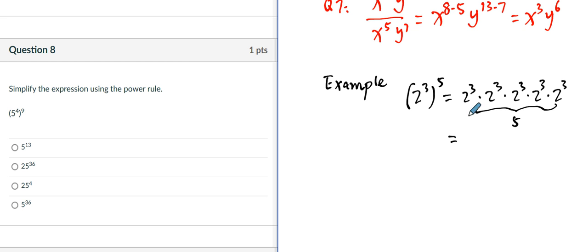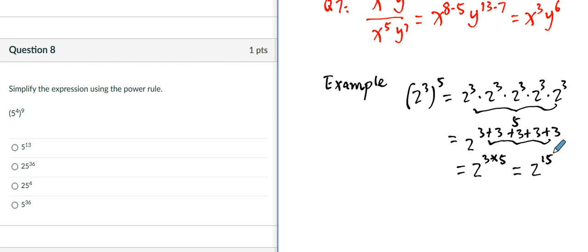And then when you do the multiplication, they have the same base. You add exponents. How many 3s on the exponents? Of course, it's 5. So you actually do 2 to the 3 times 5. It gives you 2 to the 15th power. Okay.